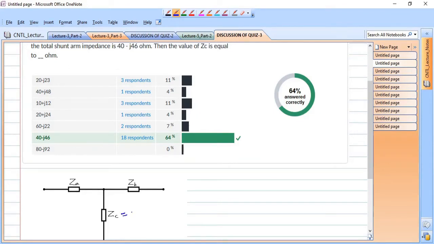So ZC should be equal to 40 minus J46 ohm. So the correct answer is this one, 40 minus J46 ohm.